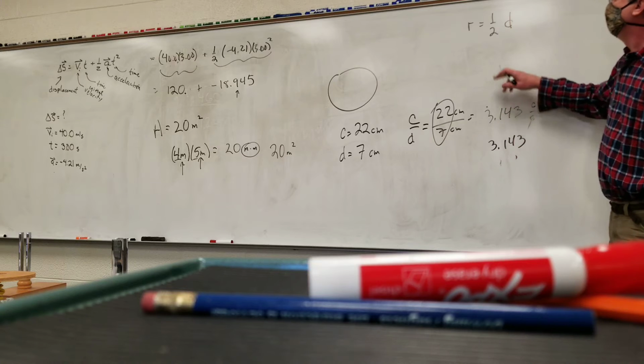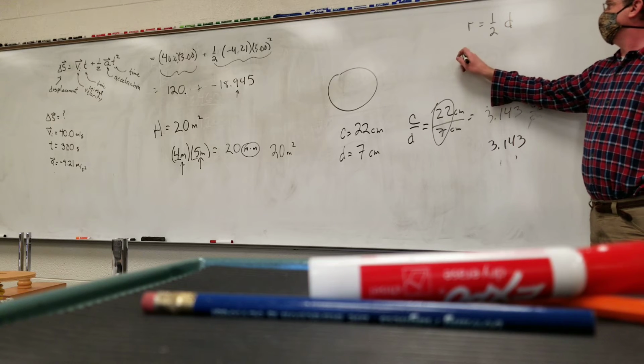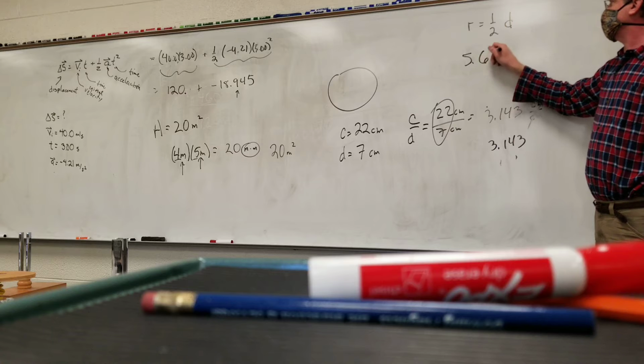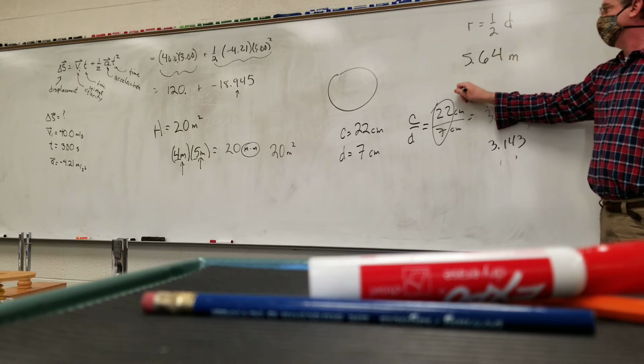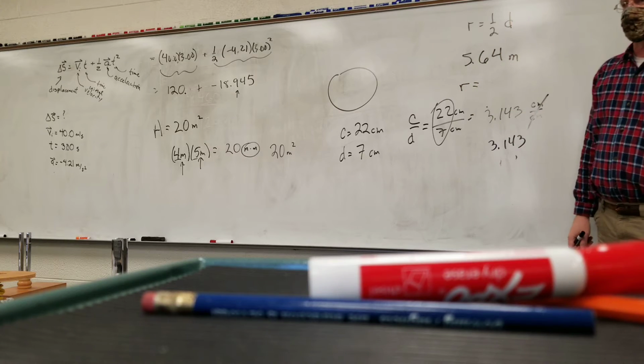All right. So if my diameter is 5.64 meters, what is my radius?